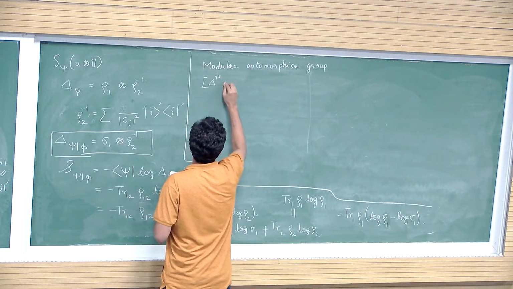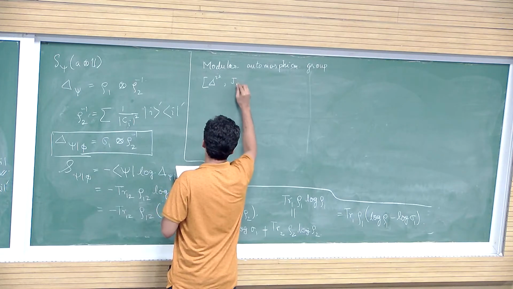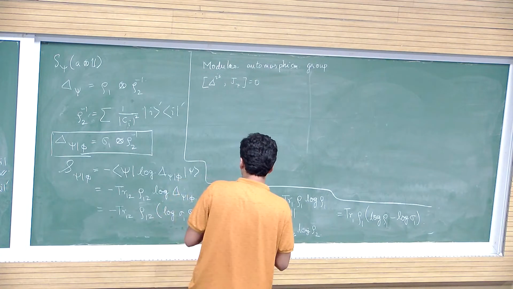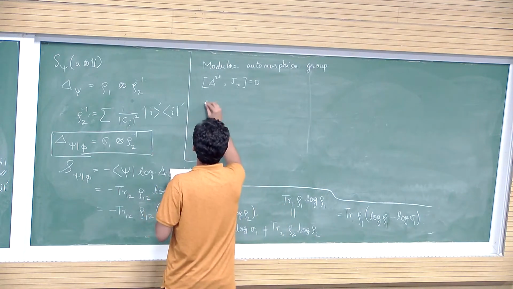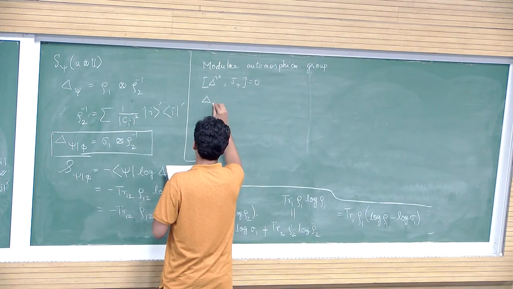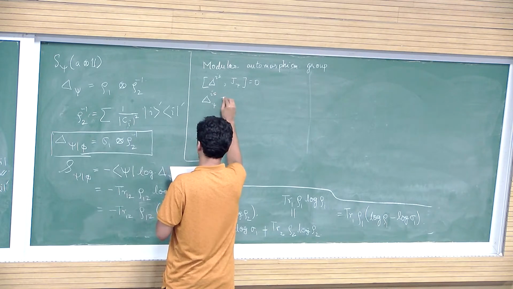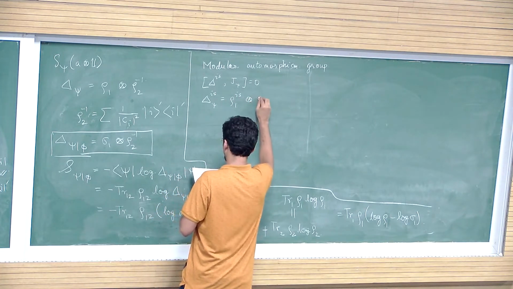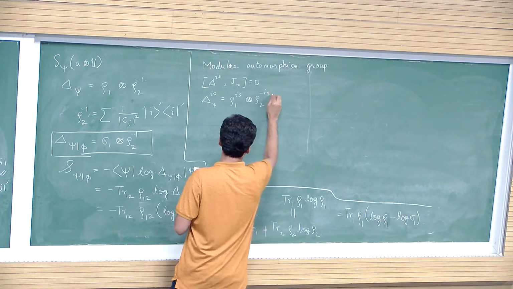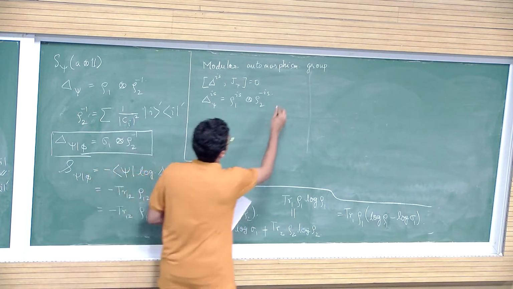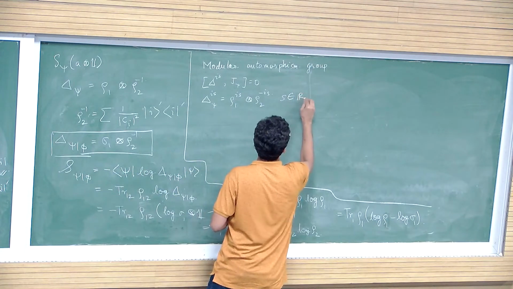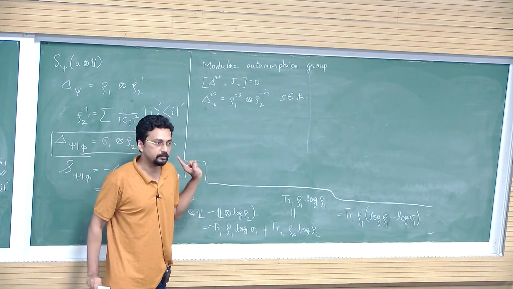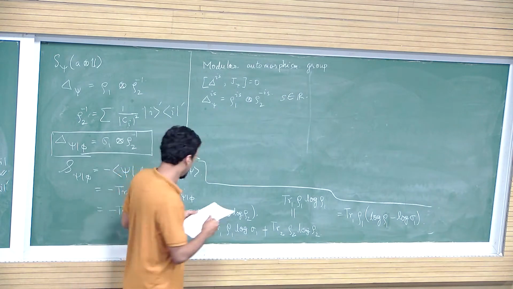So from yesterday, if you recall, what we saw is this, and from what we have derived just now, the explicit formula for at least finite dimensional systems, delta psi to the power is exactly the same as this object. Okay.